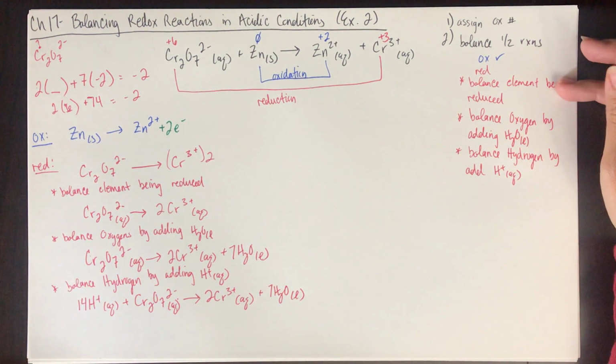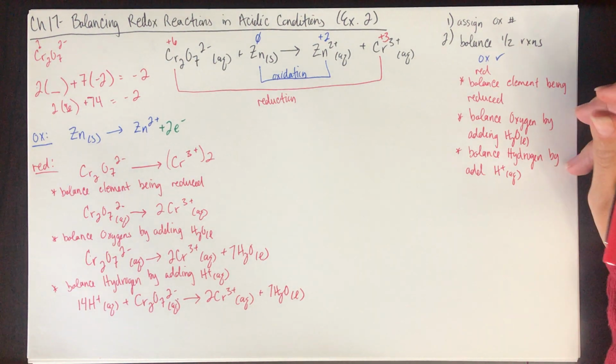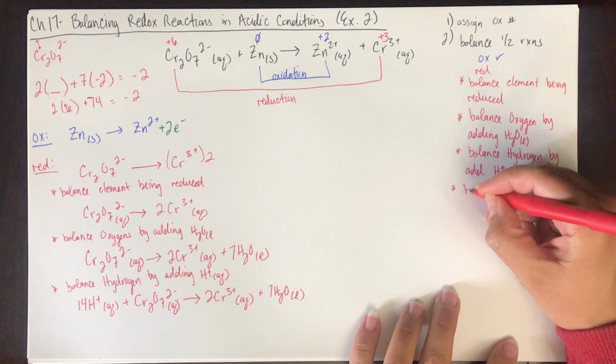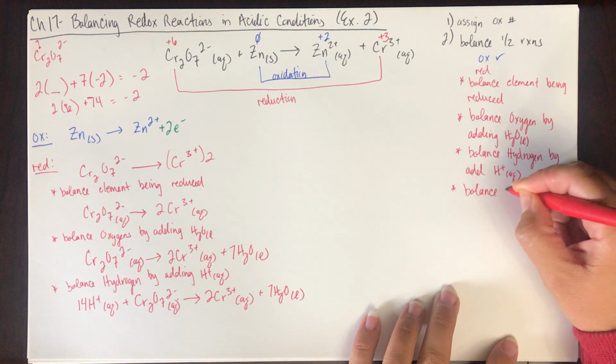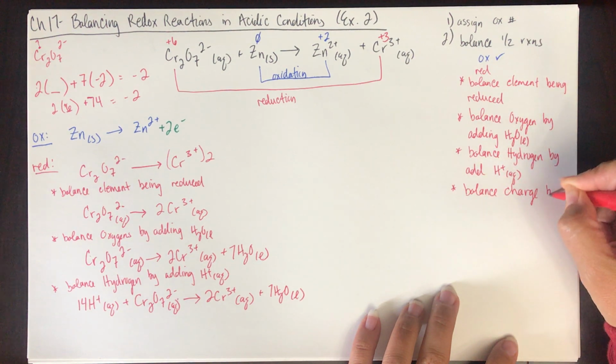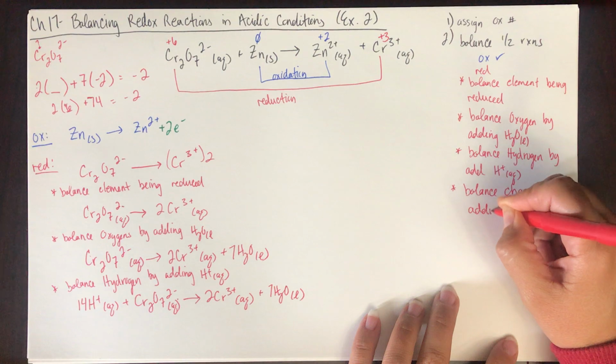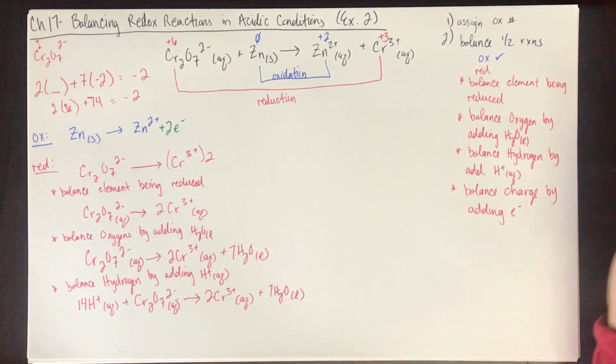So we've balanced the element, we've balanced the oxygens, we've balanced the hydrogens. Now the last thing to do is to balance the charge by adding electrons.